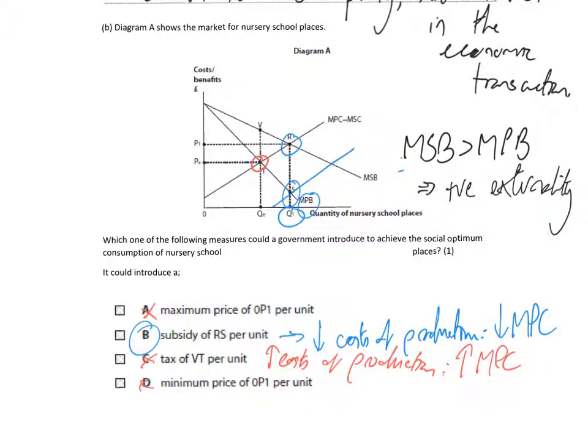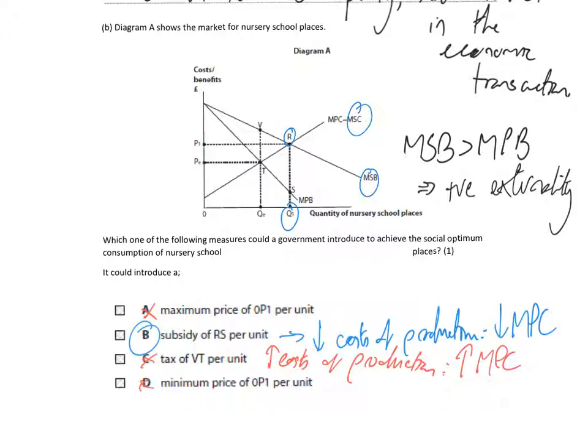If we just clean the diagram up so that we can now see these areas clearly, the social equilibrium is at R, where MSB is equal to MSC, and so the socially optimal output level is Q1.